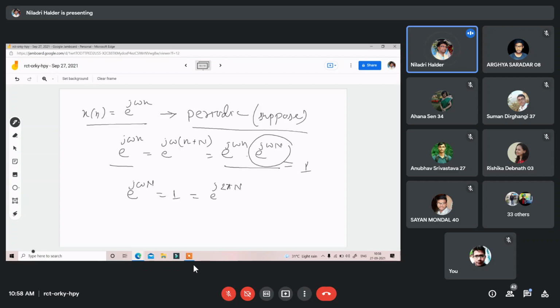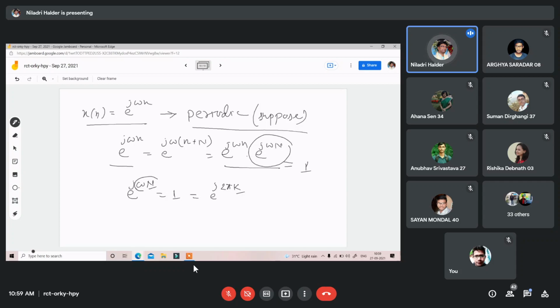Okay. So from here, both are variable, both are integer.